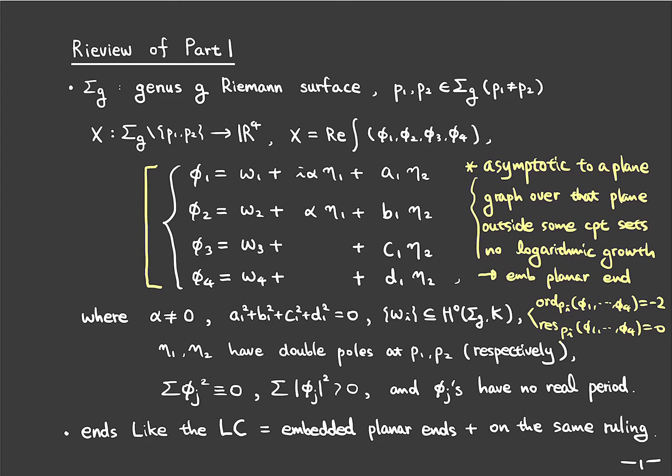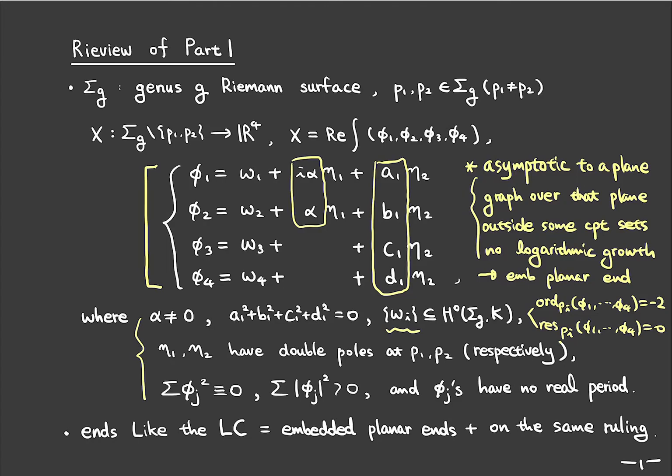So the existence of such minimal immersions is equivalent to the existence of omega i's and coefficients such that they satisfy these conditions. We will use this equivalent formulation to prove the main results.